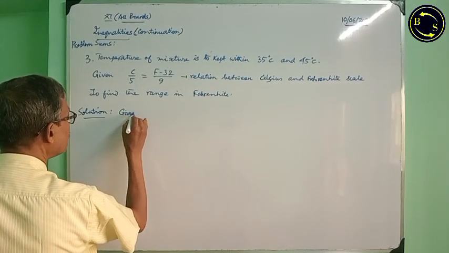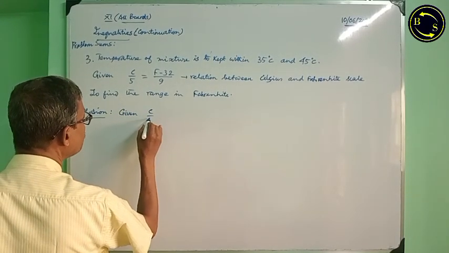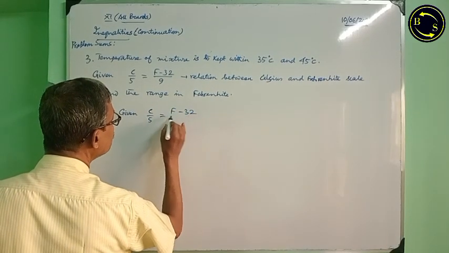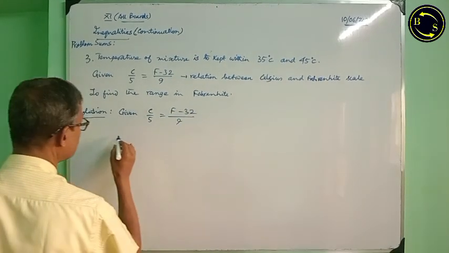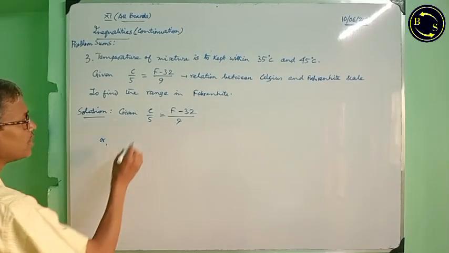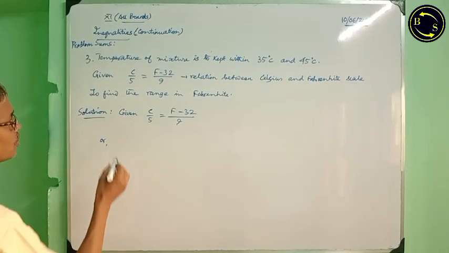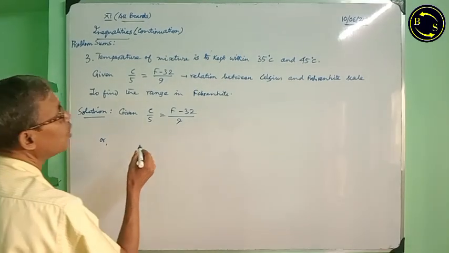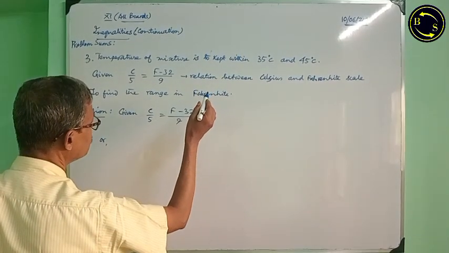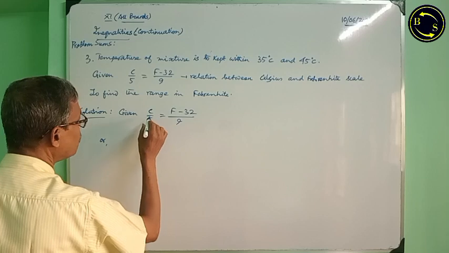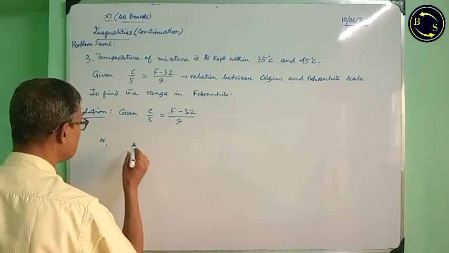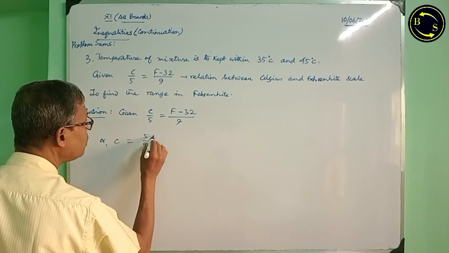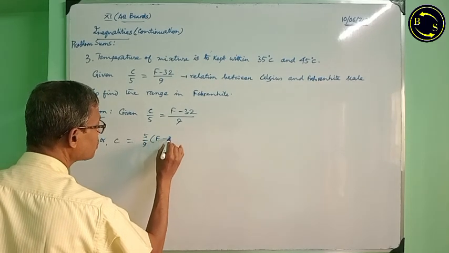Given C by 5 is equal to F minus 32 by 9. First we express F in terms of C. No need. We first express C. C is equal to 5 by 9 into F minus 32.